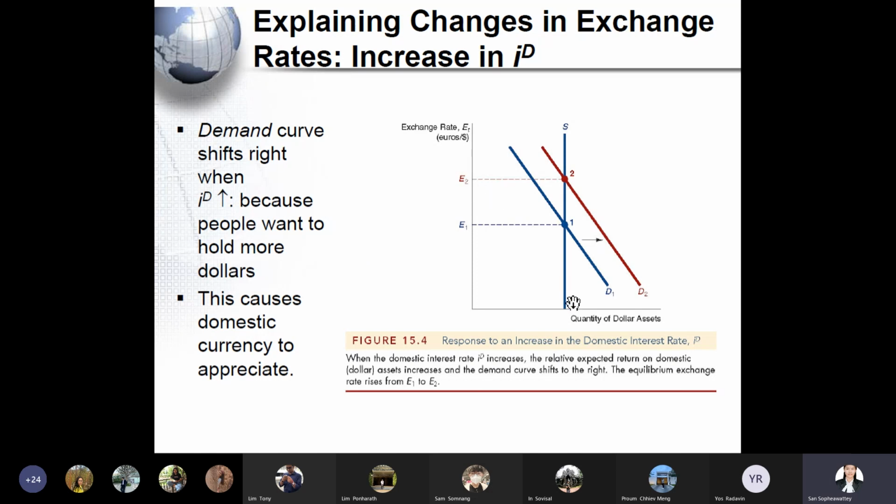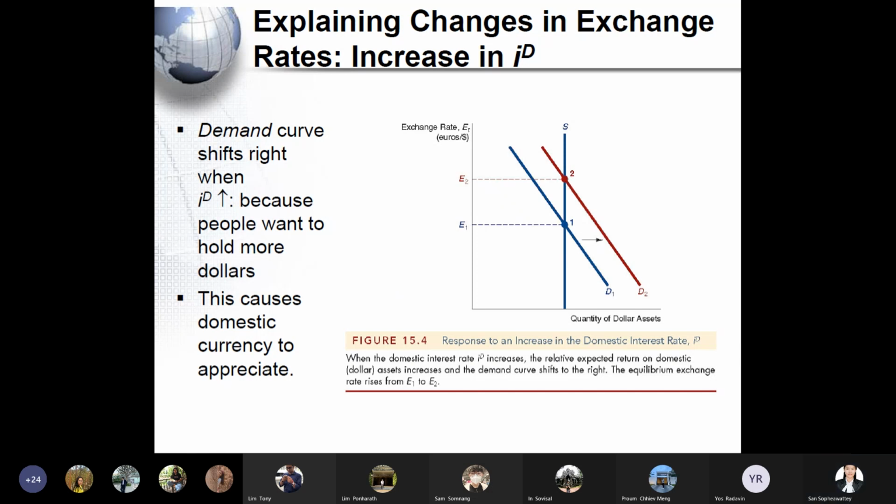You see on the graph, this is the exchange rate and this is the quantity of dollar assets. We originally start at point 1 at E1, then the interest rate of domestic dollar assets increases because people want to hold more dollars. It means that now the domestic currency, the US dollar, is appreciating from E1 to E2, and we have a new equilibrium at point 2 here.